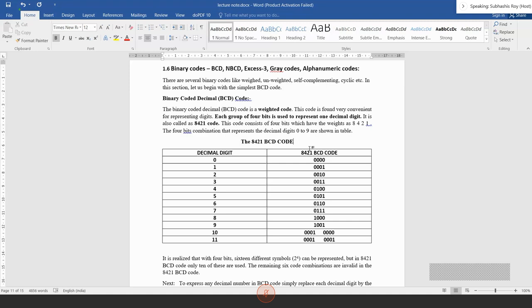We understand what is one's complement, two's complement, eighth complement, seventh complement, ninth complement, tenth complement, 15th complement, as well as 16th complement. So all the complement methods we know. We already know how anyone can represent any floating number, any integer number in any of the number systems.